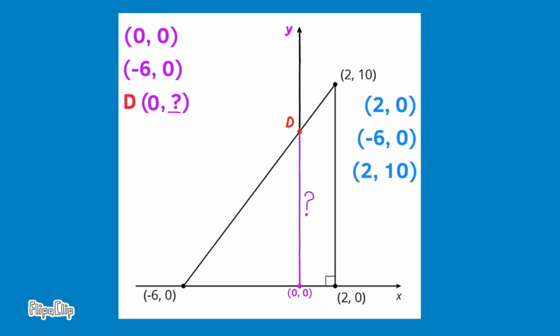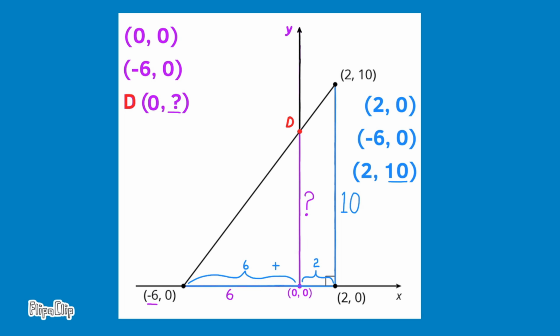That'll help me figure out the coordinates for point D. The coordinates of the blue triangle that say 2 and 10 tell me that this side length is 10 units tall. To figure out the length of the base of this blue triangle, I'd have to figure out the length of the purple triangle's base, which is the absolute value of -6, or 6, plus another length of 2, and the blue triangle has a base length of 8.